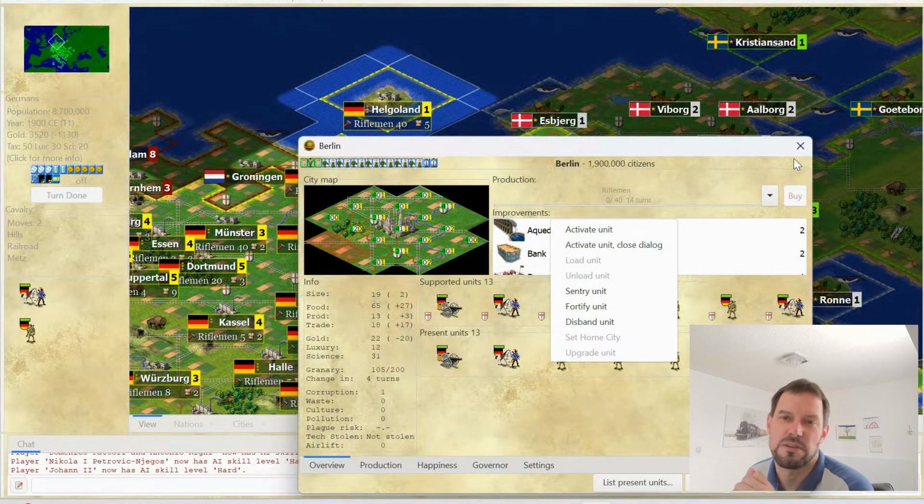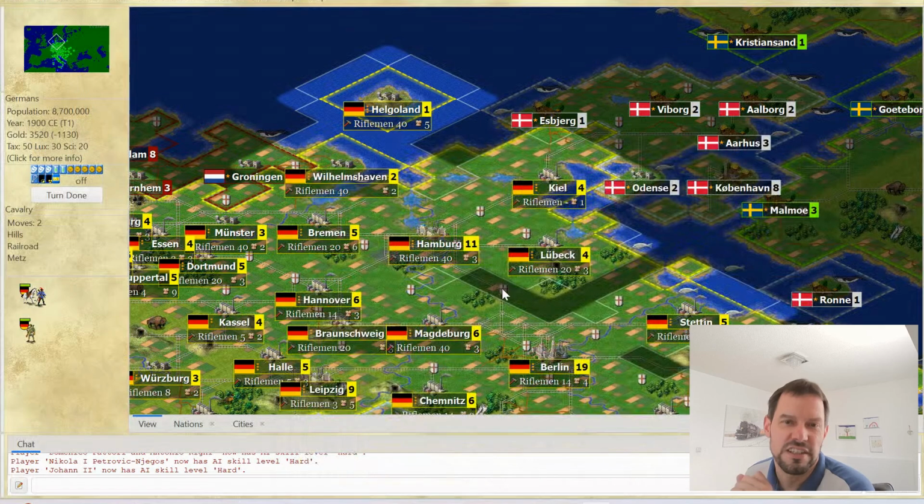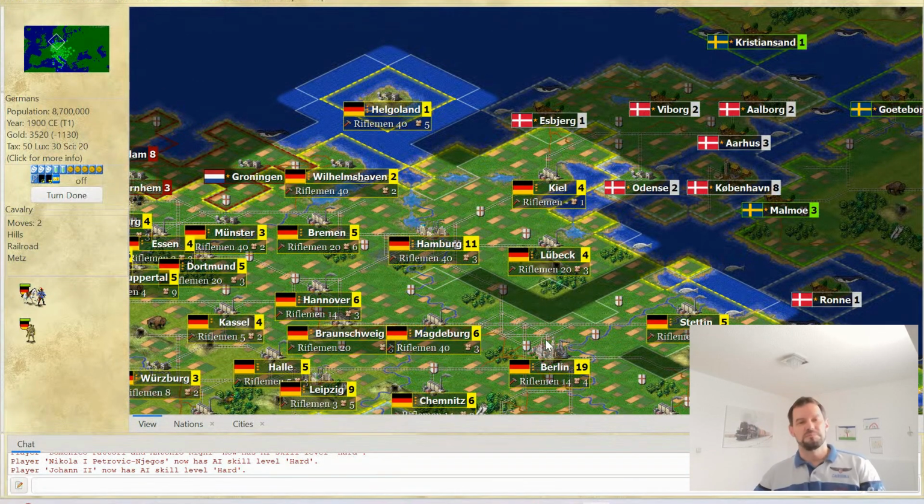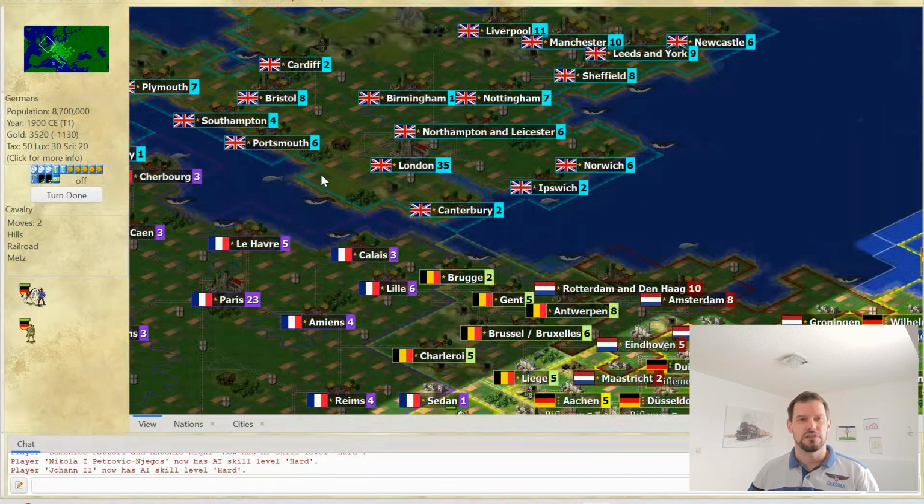That's more than double. However, if we look at the sticker here, then we see Berlin has 19, Hamburg has 11. That is not double the size regarding Berlin. So we have a logarithmical scale here, which means that the city of London with a population of 35 is truly amazing.